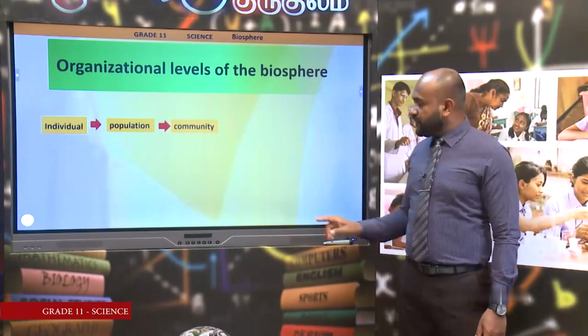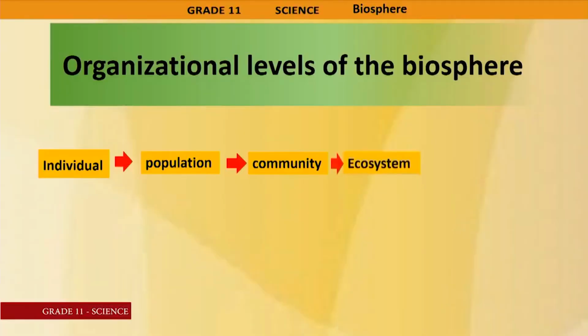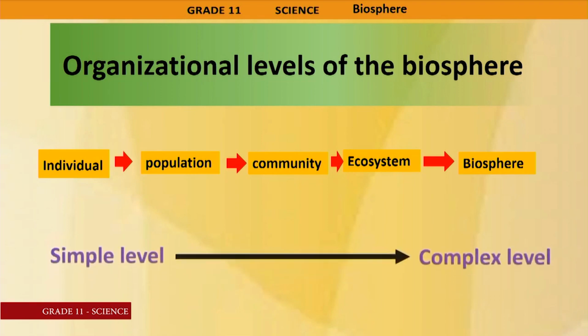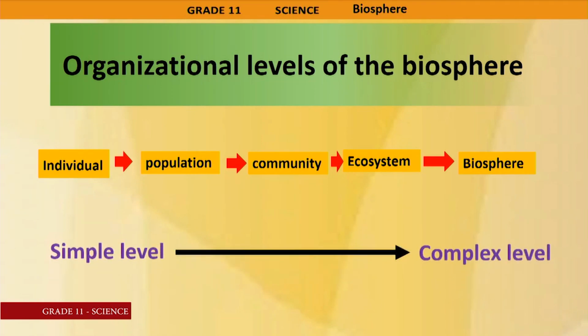Community, and then ecosystem, finally what do you get? Biosphere. So, these are the organization levels of the biosphere. So, you can see how it goes from simple level to complex level. Now, we are going to talk about these organization levels in a bit of detail one by one.